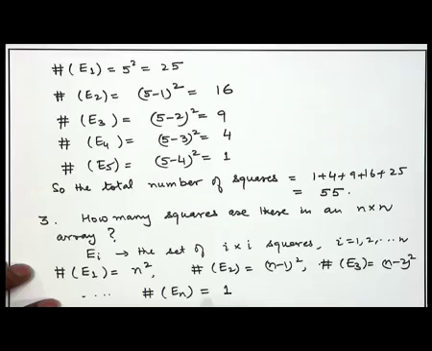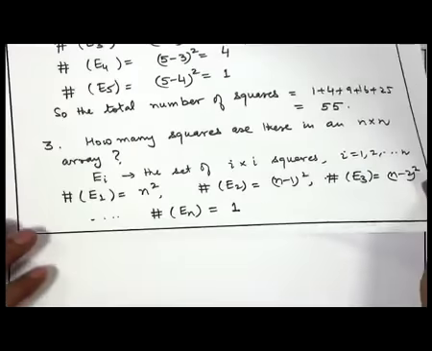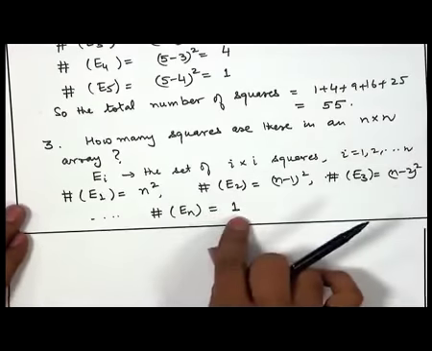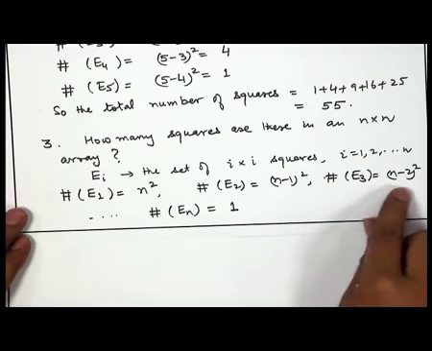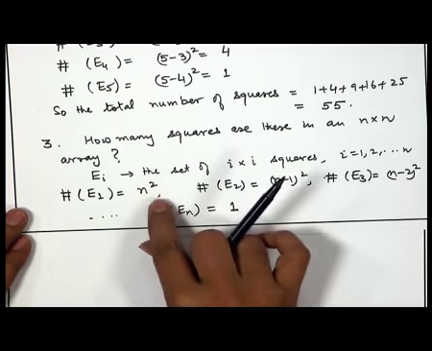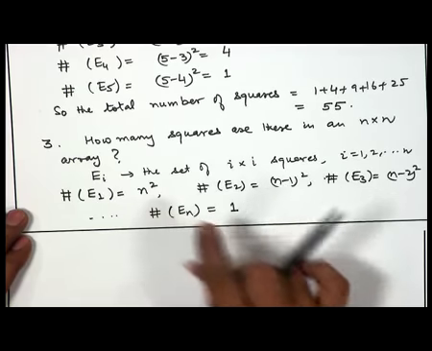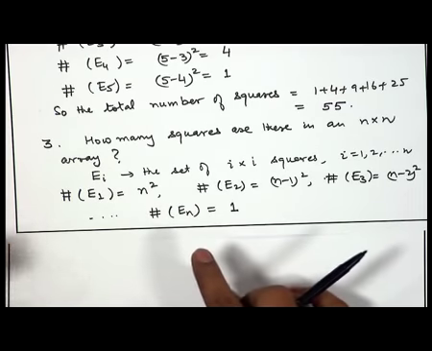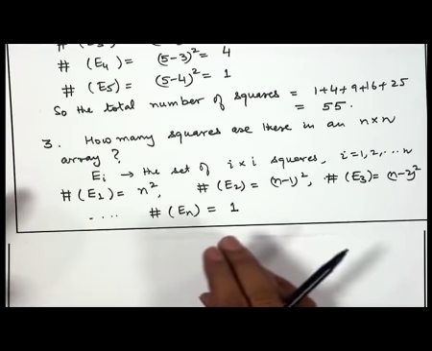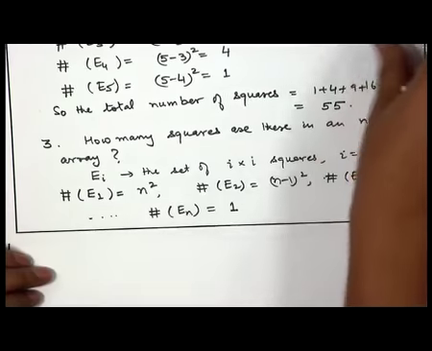So, the total number of such squares, you can easily see, is simply 1 plus 2 square plus 3 square and so on up to n square. It is the sum of squares of the first n natural numbers. We actually know the formula for that.